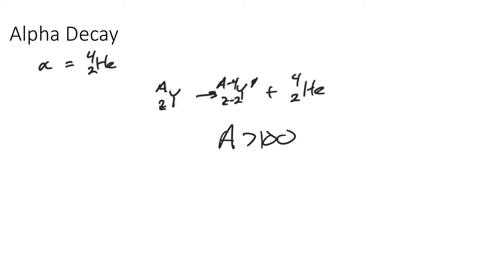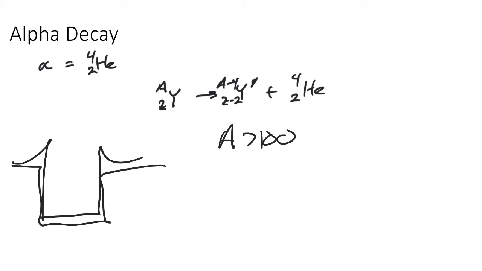Now, it is interesting how to consider this. If you remember from our Fermi gas discussion, we had a model that looked something like this, and we had paired neutrons and paired protons in each one of the energy levels up to the top level.